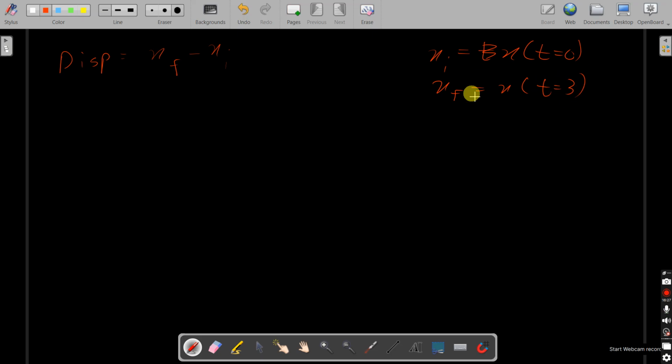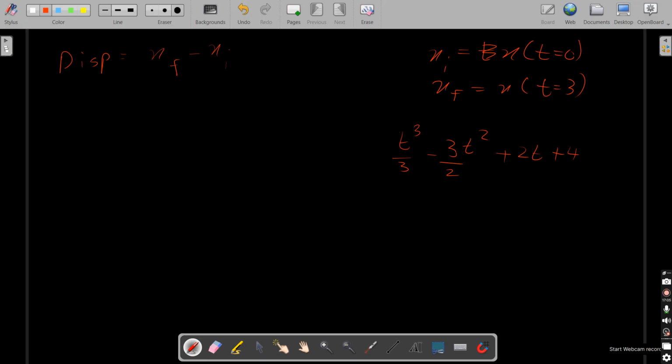So x initial will be 4 because we have our equation. Let me write it again. t cube upon 3 minus 3t square upon 2 plus 2t plus 4. This was the equation, right? So yeah, this is right.